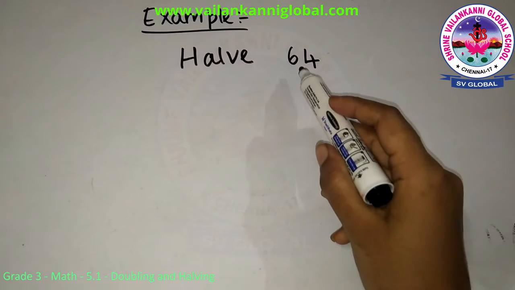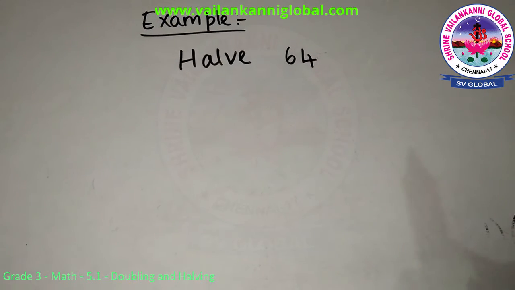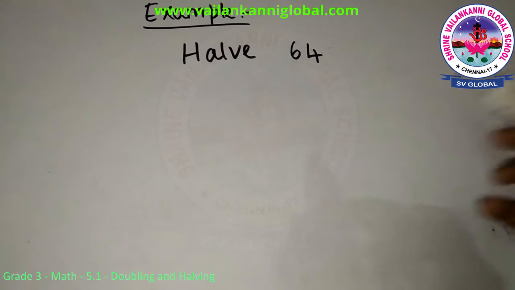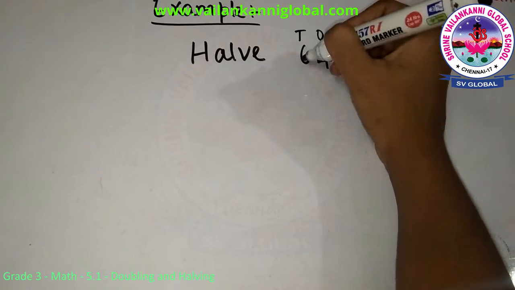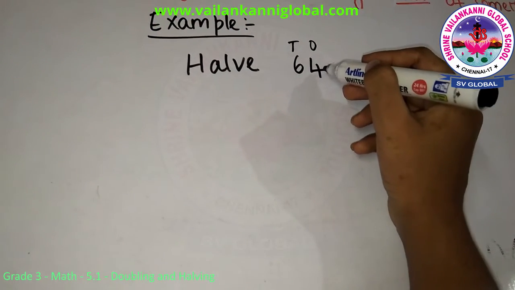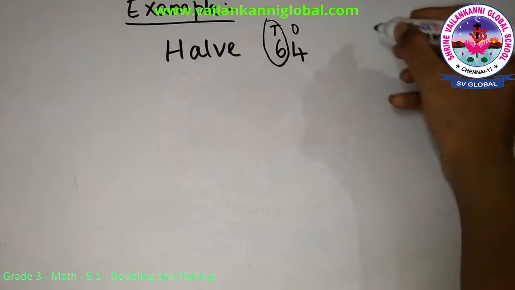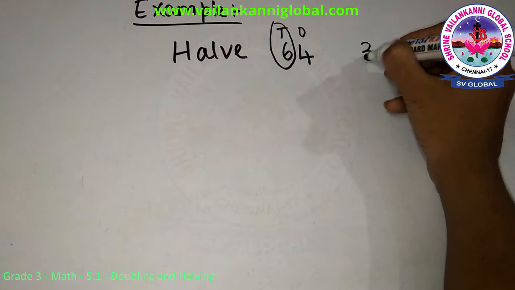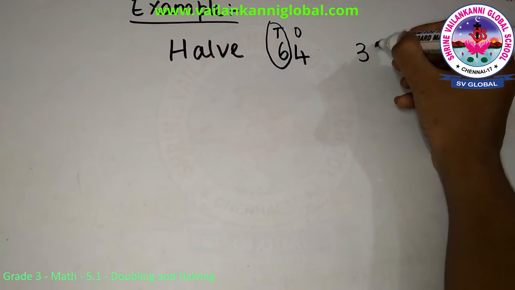Now we have a bigger number, 64. We can't draw 64 lines and make pairs. So instead, we can find half of the tens and then half of the ones to make it easy. Half of 6 is 3. Half of 4 is 2.